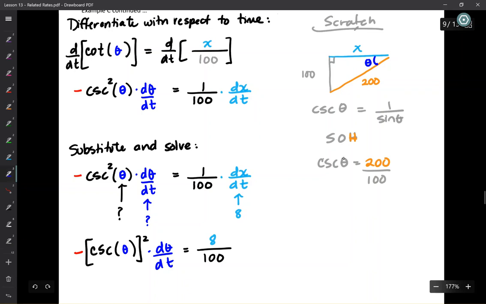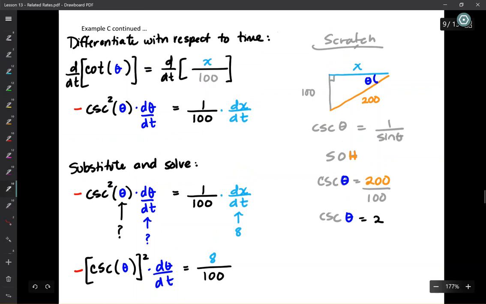Get theta on there. Delightful. The cosecant of theta is just 2, 200 divided by 100. That's our scratch work.